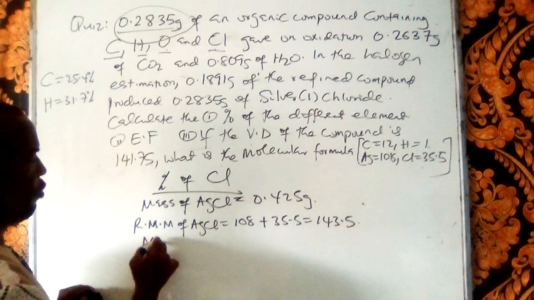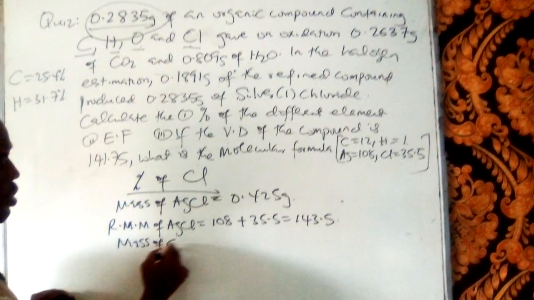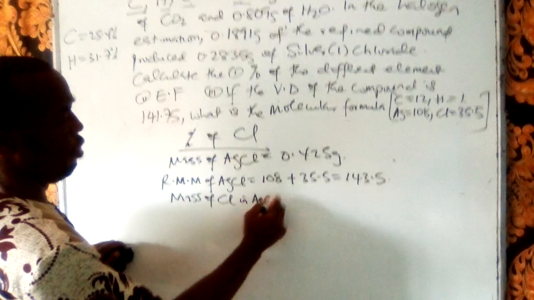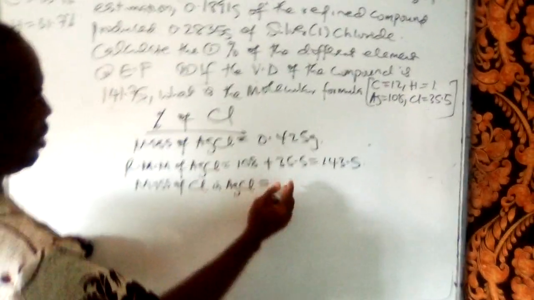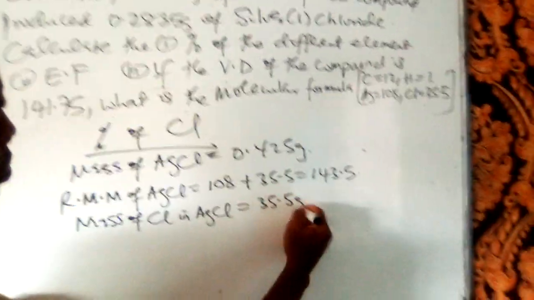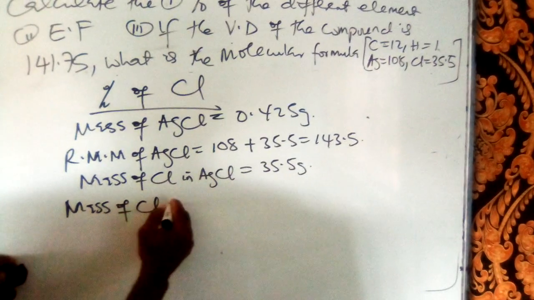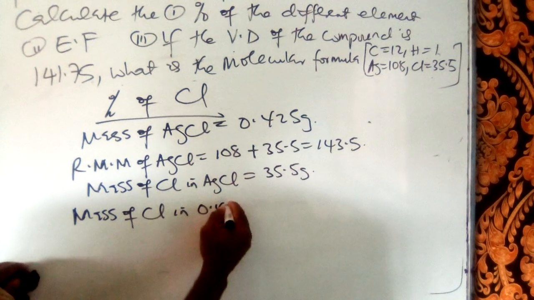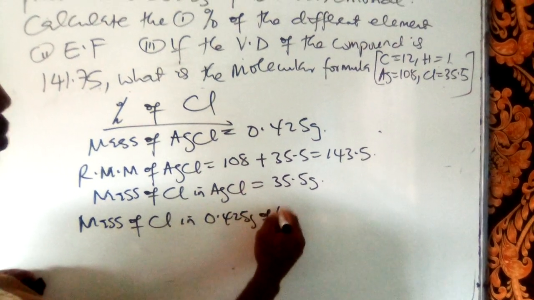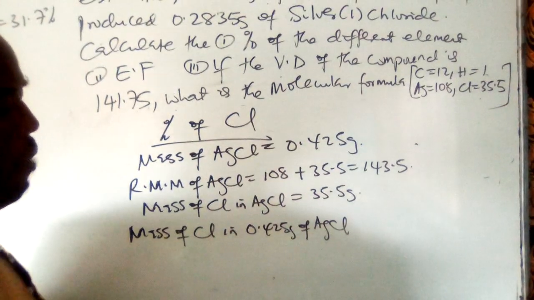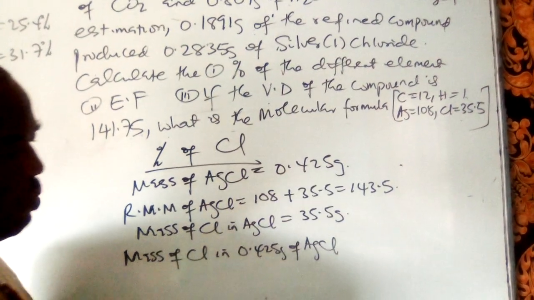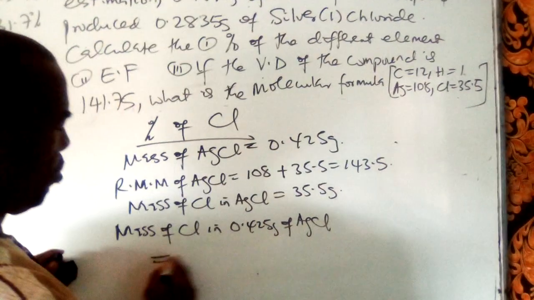The mass of chlorine in silver chloride: in 1 mole of silver chloride, there is only 1 atom, and that is 35.5 grams. Then we now find the mass of chlorine present in 0.425 grams of silver chloride.